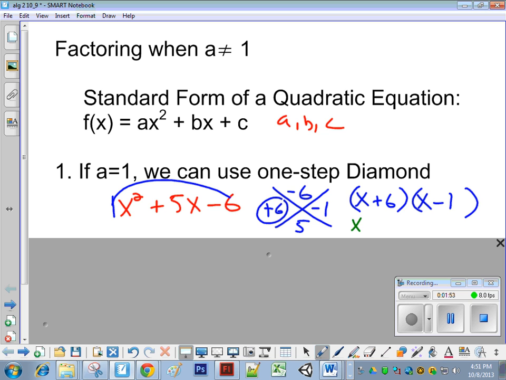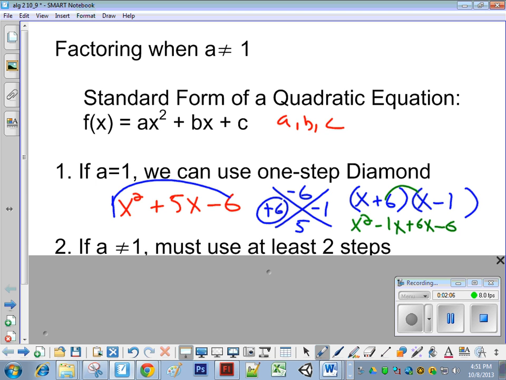X times x is x squared. X times negative 1 is minus 1x. The inside plus 6x. The last minus 6. When you combine those, we should then get x squared plus 5x minus 6, which is the same as what we started with here.